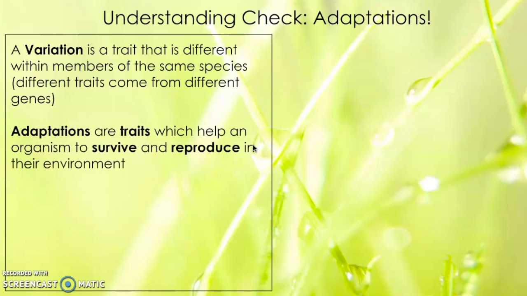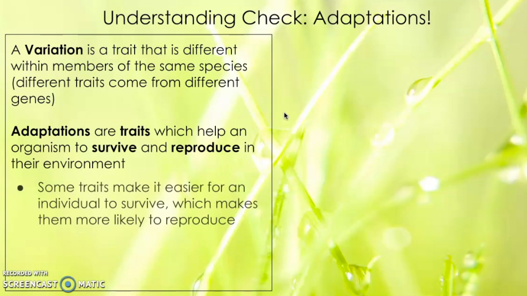You should also recall that adaptations are traits which help an organism to survive and reproduce in their environment. This means that it is a variation of a trait that is helpful to the organism's ability to survive and to reproduce in the environment in which they live. Some adaptations are specific to survival, meaning they make it easier for that individual to survive in their environment.